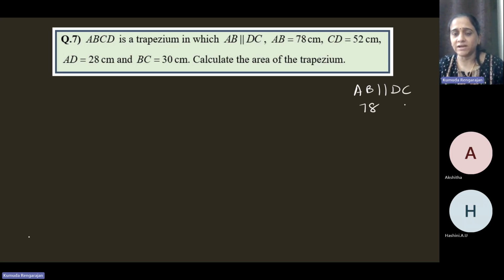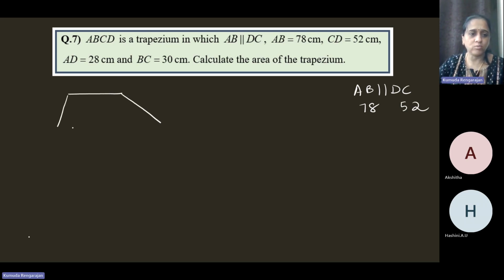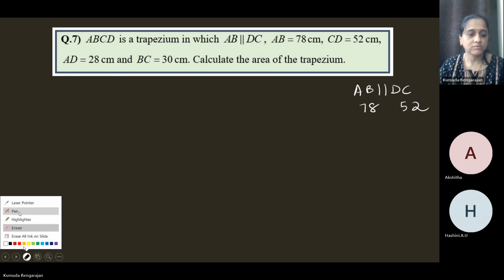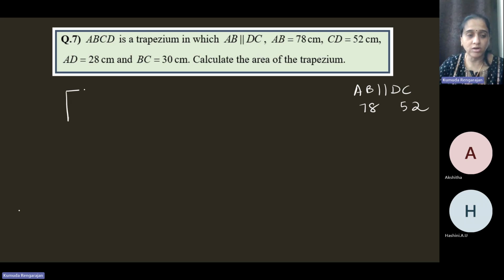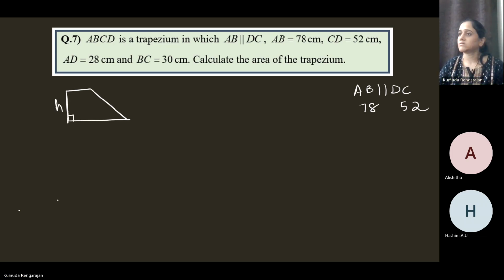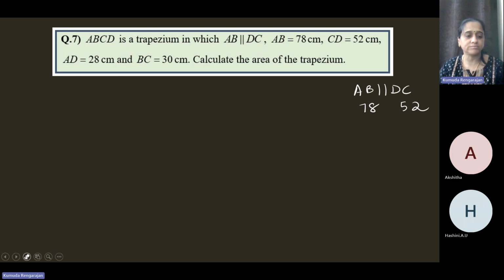AB is 78 and DC is 52. Now you can draw the trapezium the way you want it, like this. You must not draw a right trapezium like this. This is a right trapezium, wherein this side itself is the height. You should not draw that because it's not given to be a right trapezium.